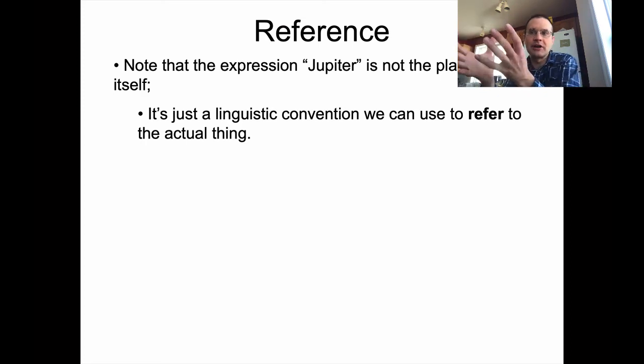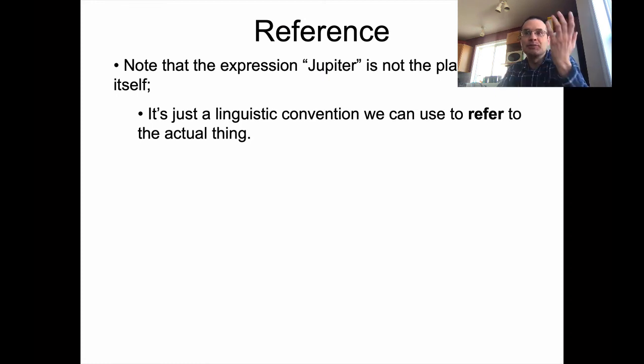So like before I was talking about, we have declarative sentences in one kind of half of reality, and then we have the actual factual world that those expressions might correspond to. When we talk about reference, we have expressions like Jupiter, and then we have the actual planet out there in space floating around, which is the actual planet. So we use these expressions like Jupiter to refer to those actual things.